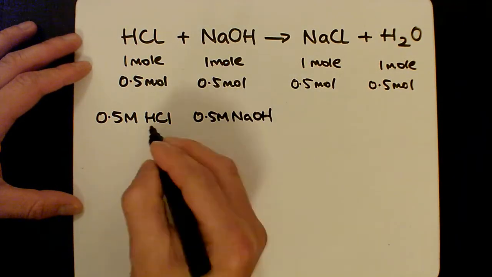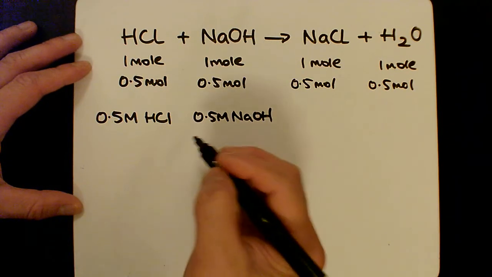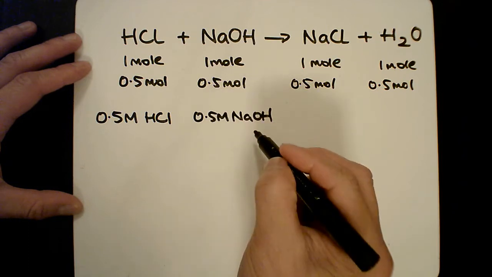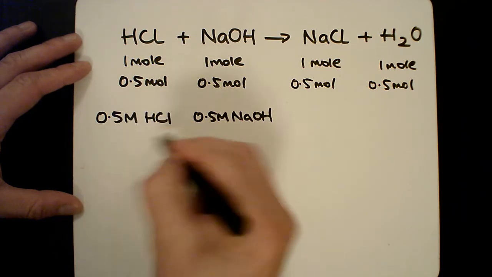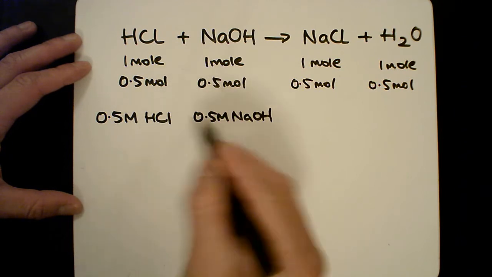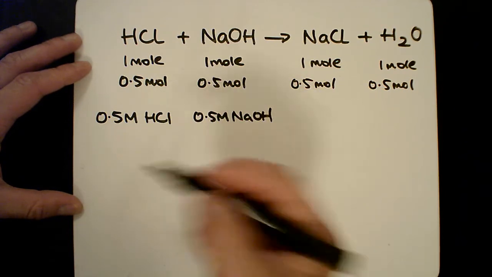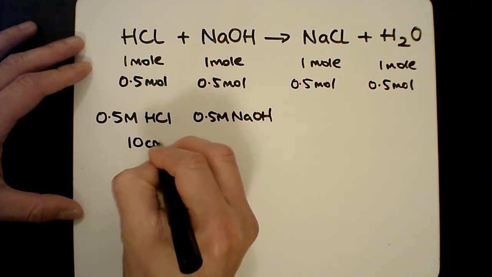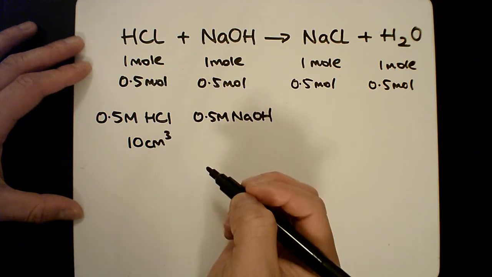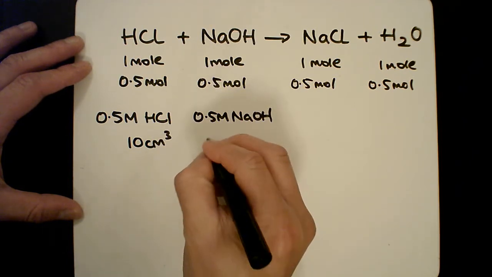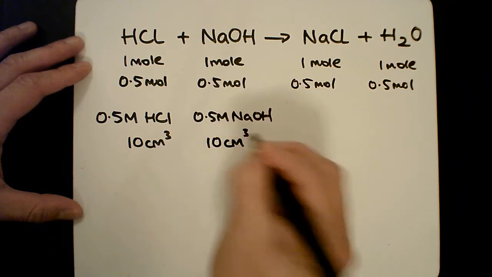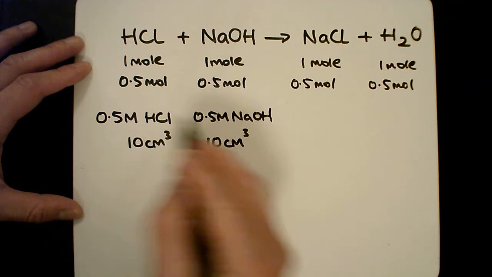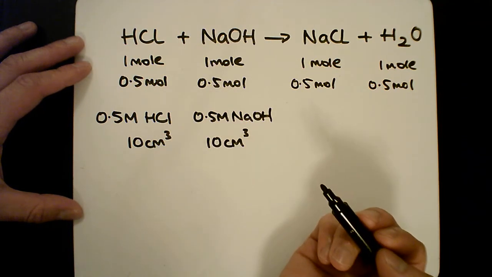If they were the same concentration, then we would need the same volume of sodium hydroxide to neutralize the same volume of hydrochloric acid. So if we had 10 centimeters cubed of hydrochloric acid, we would therefore need 10 centimeters cubed of sodium hydroxide to completely neutralize the acid, because they have the same concentration. Does that make sense?